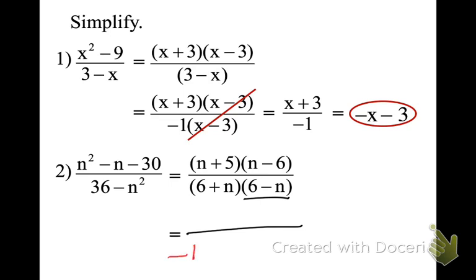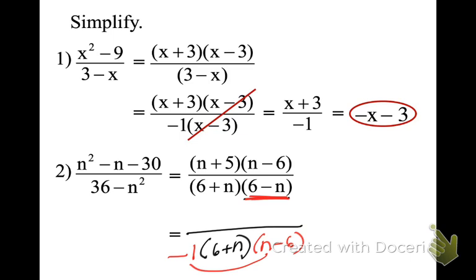I'm still writing this one the same, 6 plus n. What changes is the other one. I'm only taking the opposite of 6 minus n, which is n minus 6. If I take 3 opposites, it won't be equivalent to what it was. But really, we're taking 2 opposites, so it balances each other out.